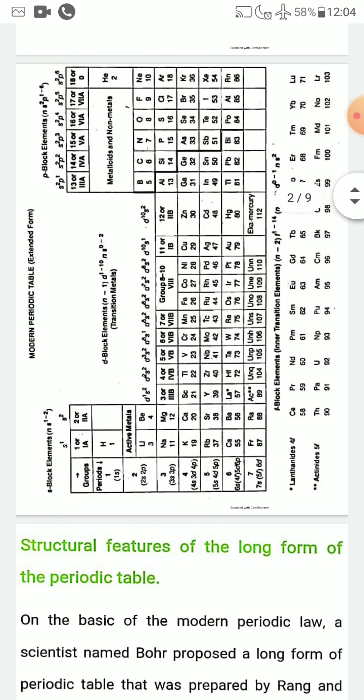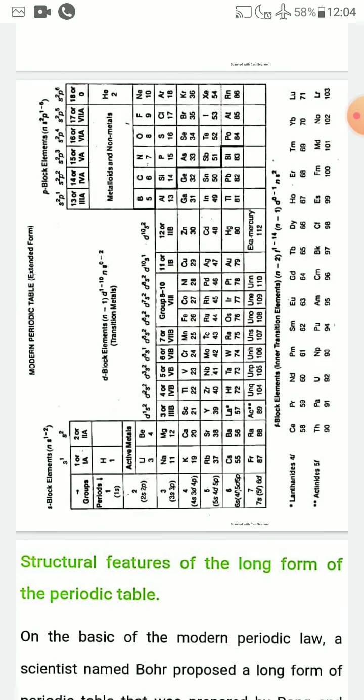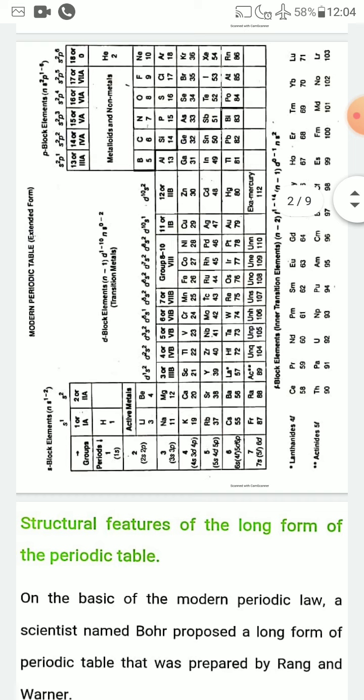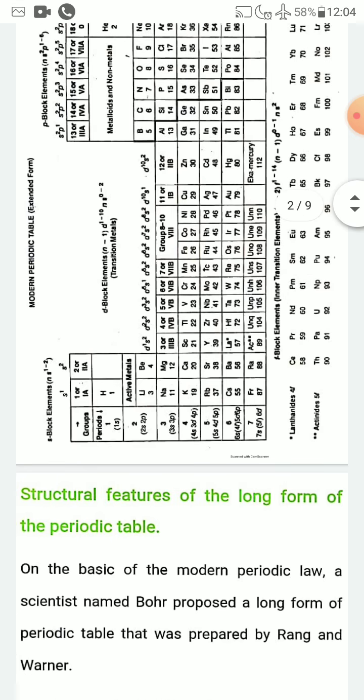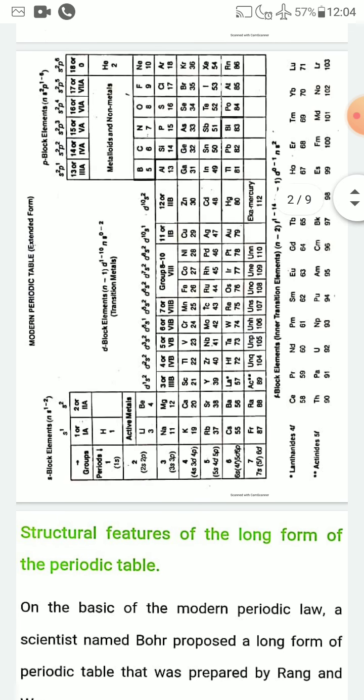So there are a total of 18 groups and 7 periods.